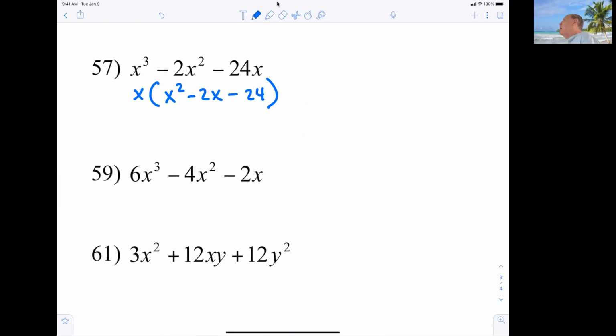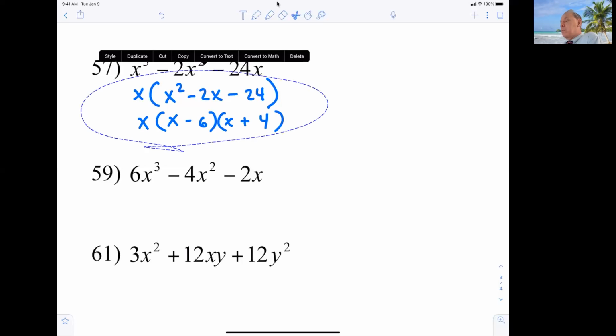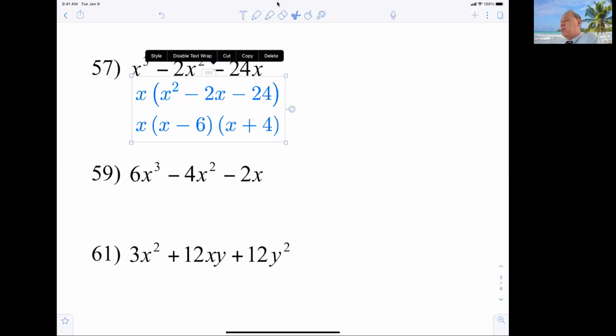Okay, now you're looking at x squared minus 2x minus 24. x and x is correct. Factors of 24 that are 2, 6 and 4. And we want the 6 to be negative, and the 4 to be positive, there you go. Anybody have any issues?